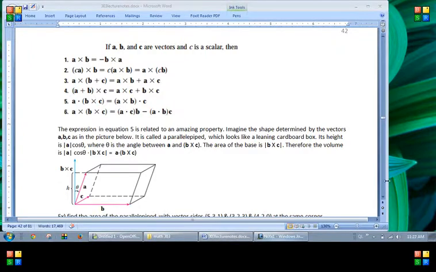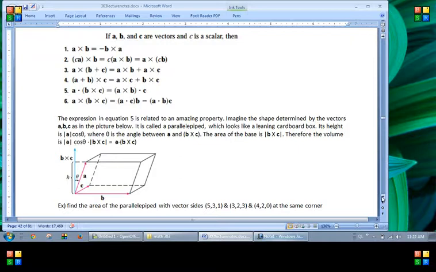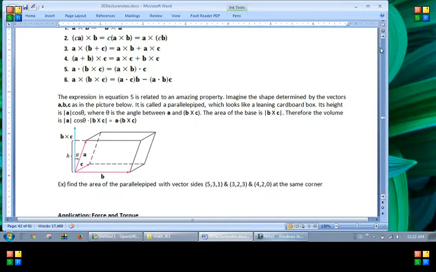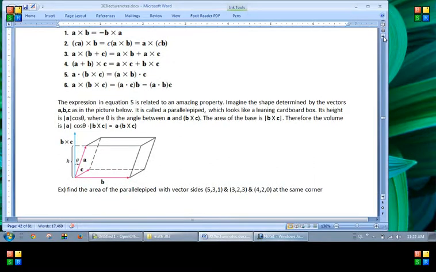Let's do a problem for this. Find the volume of the parallelepiped with these vector sides. So how do we do this? Well, it's just A dot B cross C. Sorry, that should say volume, right?